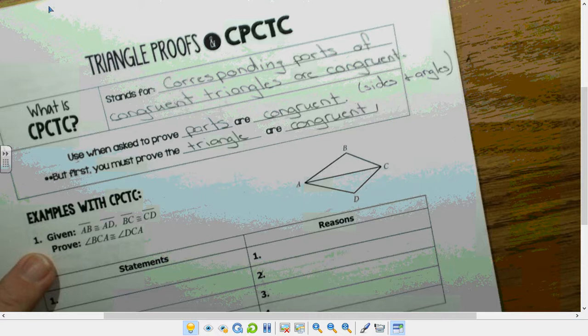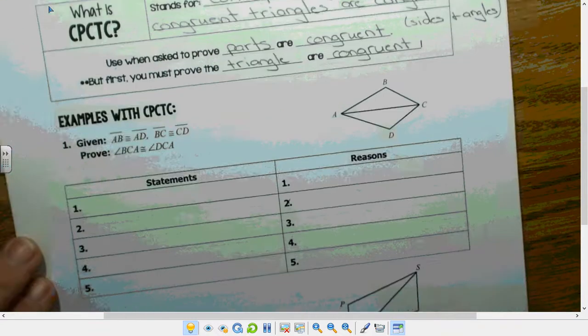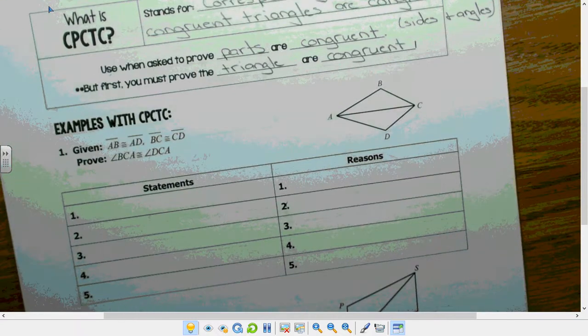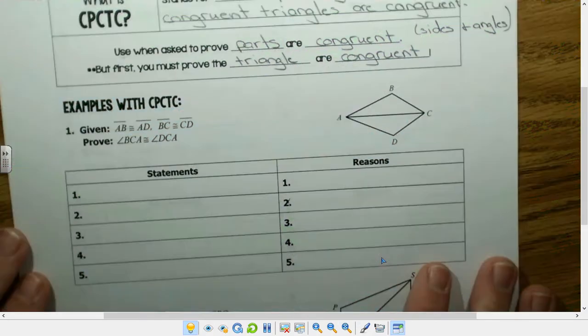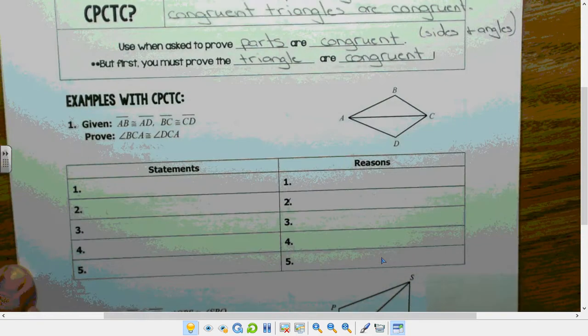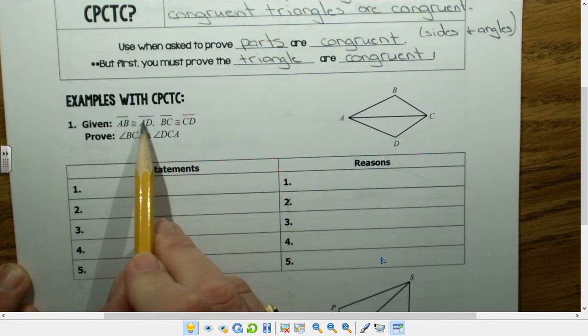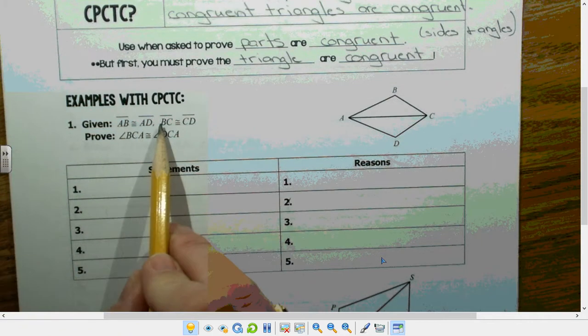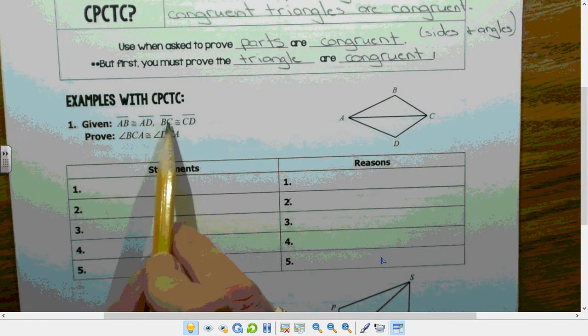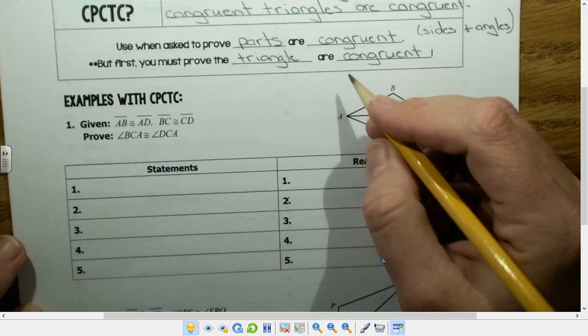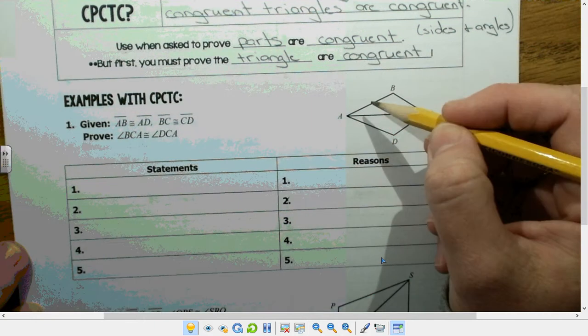The first one we're going to start with is this shape right here, and it's given that segment AB is congruent to segment AD, and segment BC is congruent to segment CD. The first thing we need to do is mark up our drawing with the information they've given us.